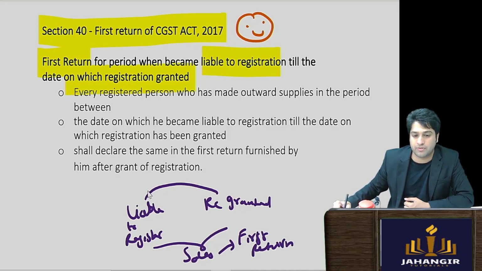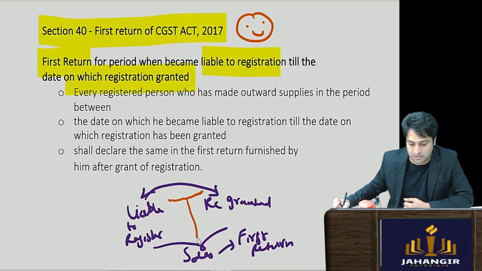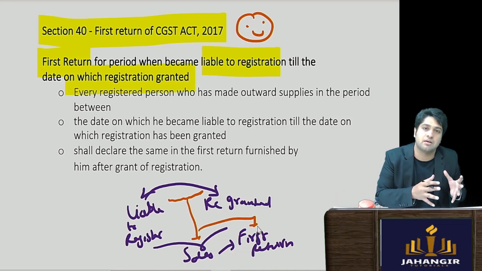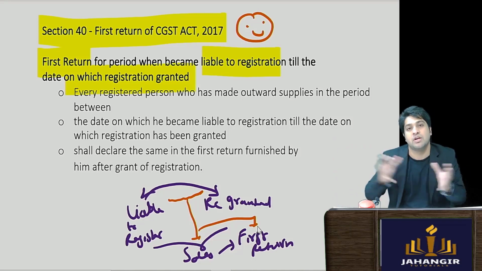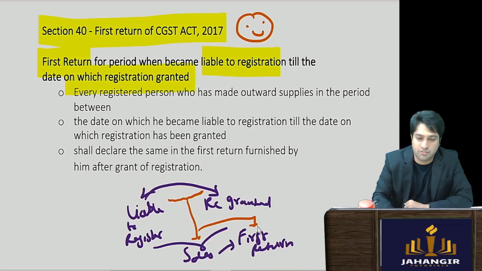So from the time I was liable till the time the registration certificate was granted, I must have made a few sales. All these sales need to be informed and I'll tell the government this is my first return. I am liable, but the registration certificate took time. During that time, this many sales I have made. And that is it. We are done with the provisions of returns.